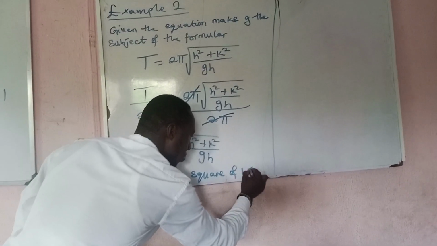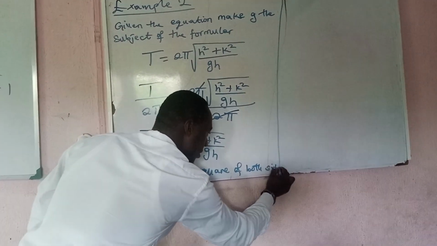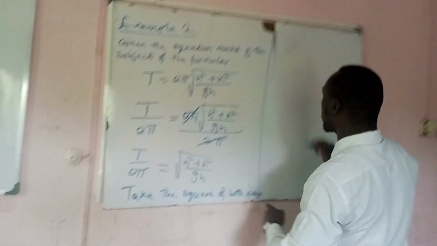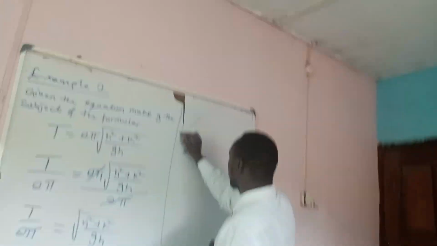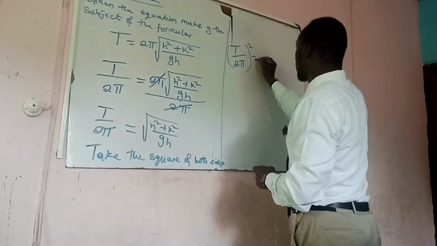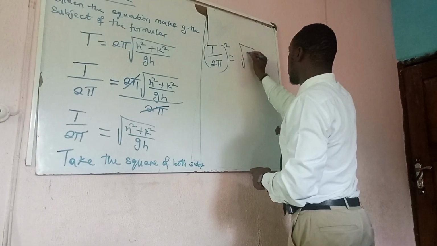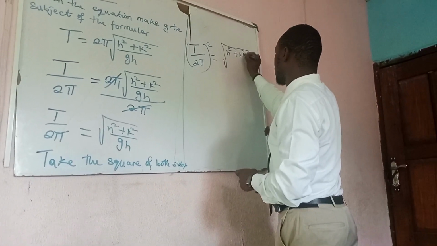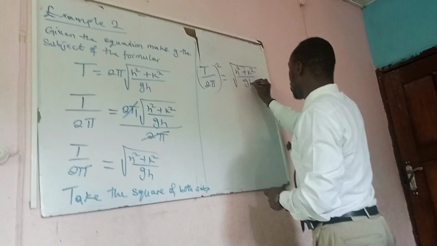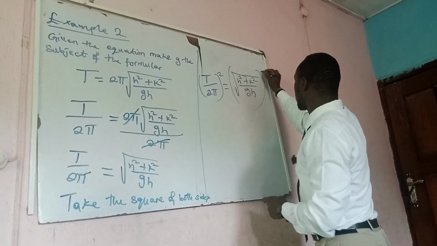If we take the square of both sides, we have that t all over 2 pi, all squared, is equal to square root of h squared plus k squared all over GH, all squared.